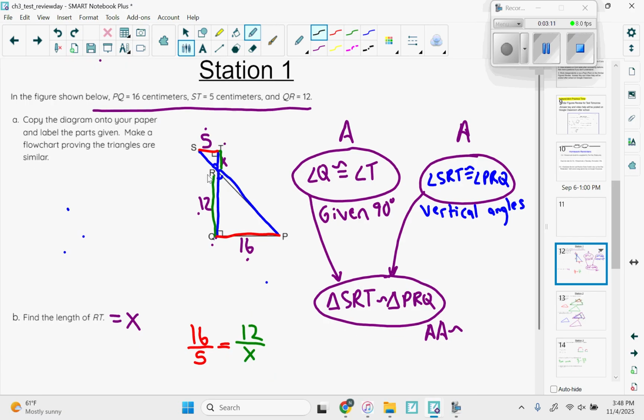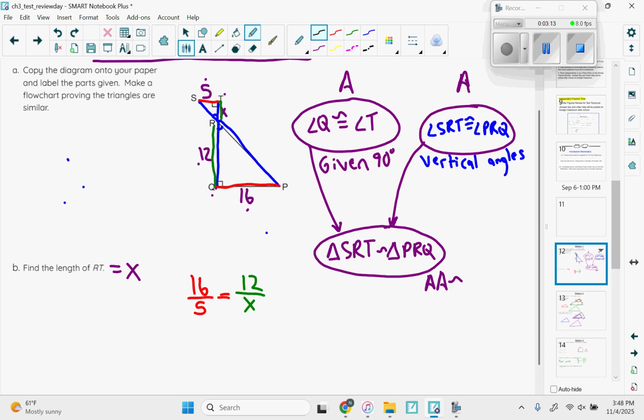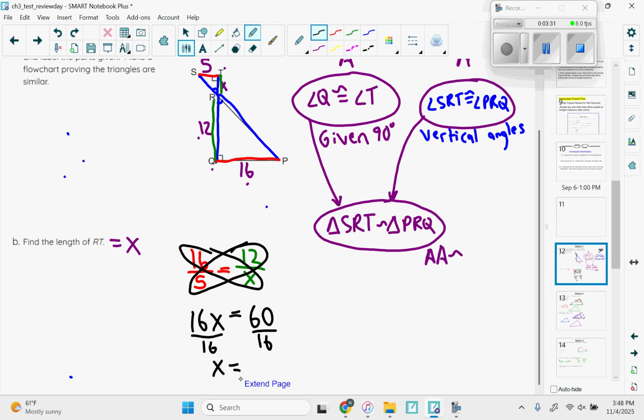And I'm going to cross multiply to rewrite my proportion. I get 16x on one side, and then 5 times 12 is 60 on the other. Now I'm going to just solve for x. I'm going to divide both sides by 16, and x will equal 3.75.